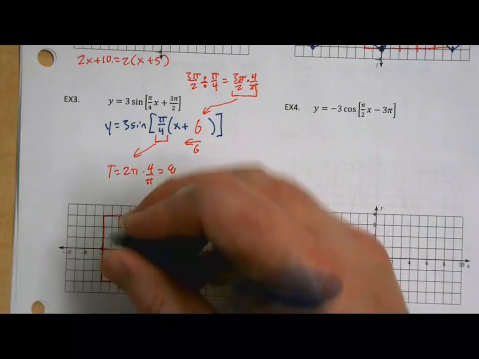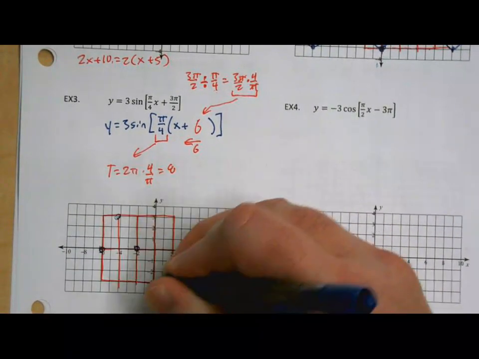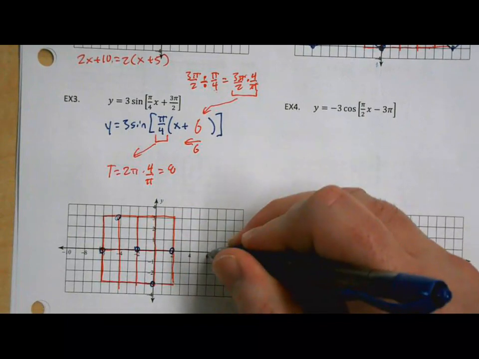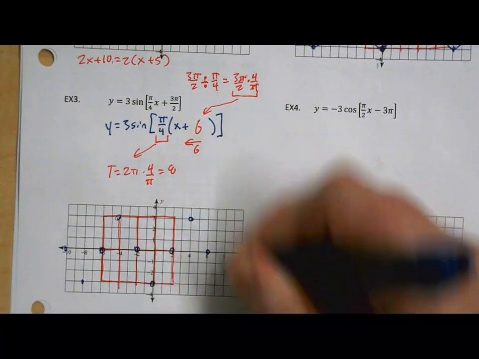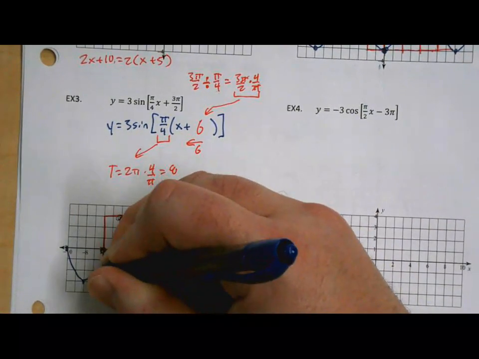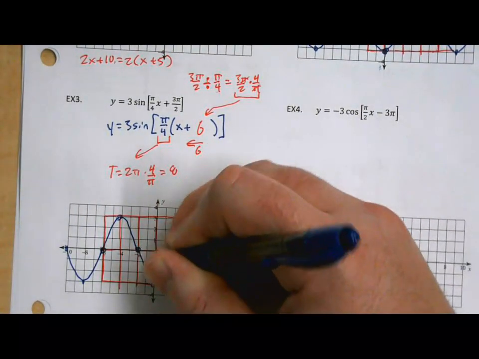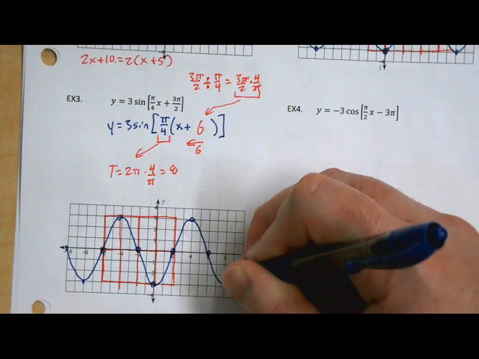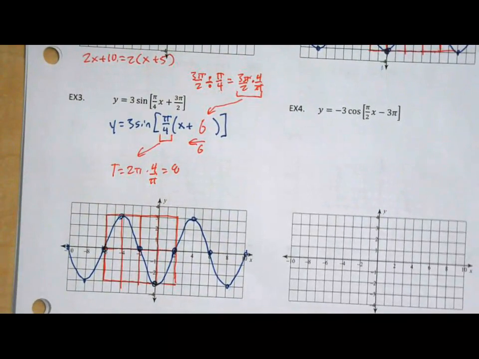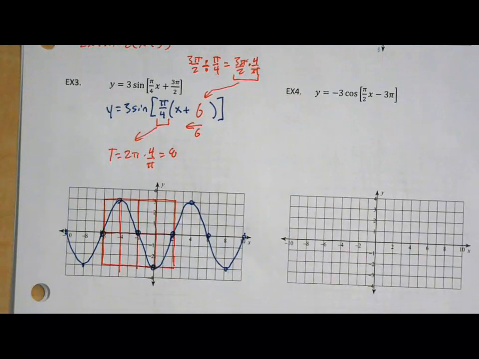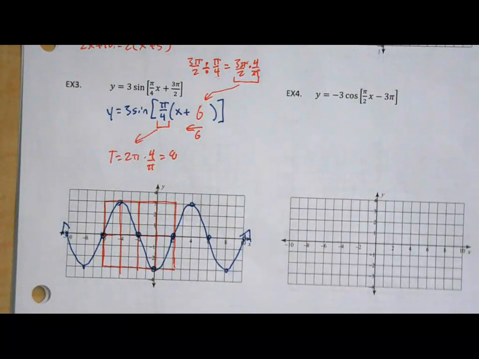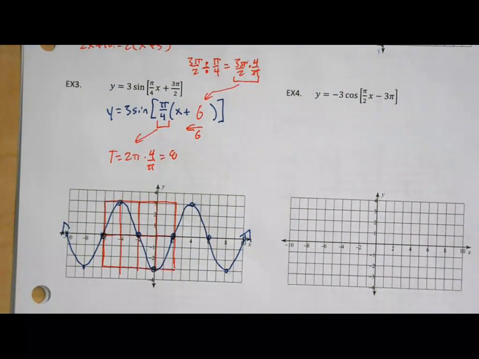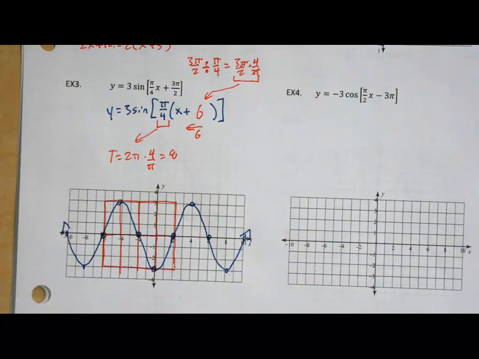Positive sign here. Someone pointed out that these should have arrows on them. I usually don't draw the arrows because it makes you think that they should be going up forever and ever. In this context, it means it would repeat forever and ever.